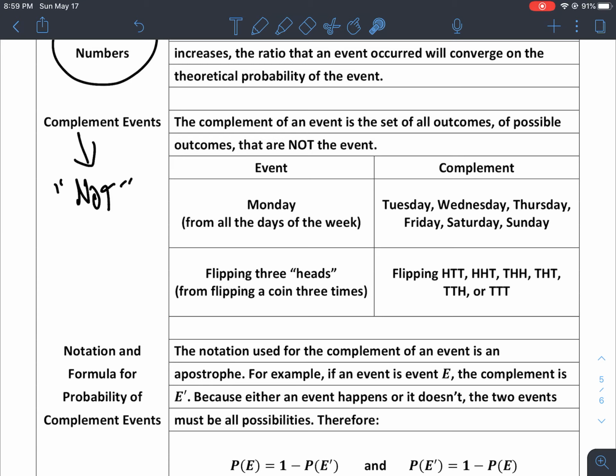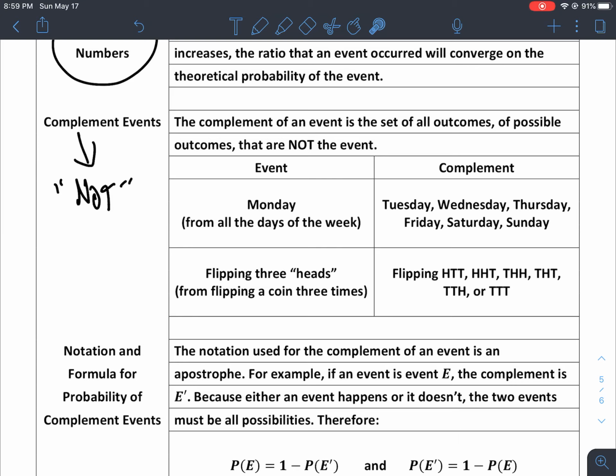So for example, if my event is that today is Monday, and I had to guess at random what day of the week it was, I would have a 1 in 7 chance that it's Monday. It's not, but I had a 1 in 7 chance of being right.